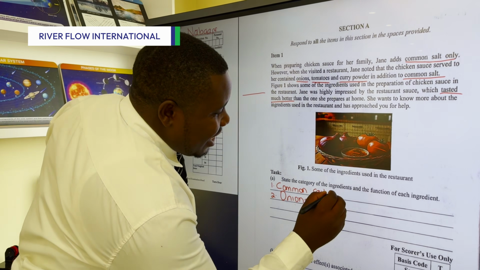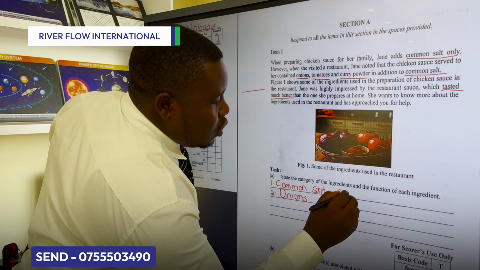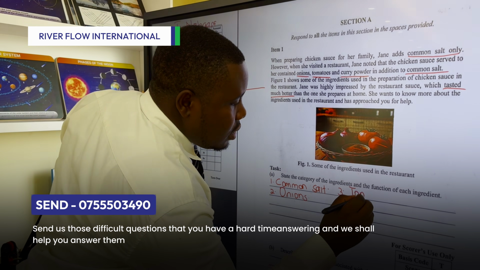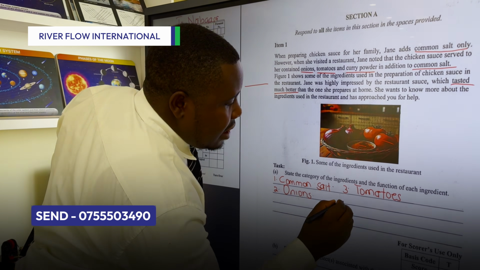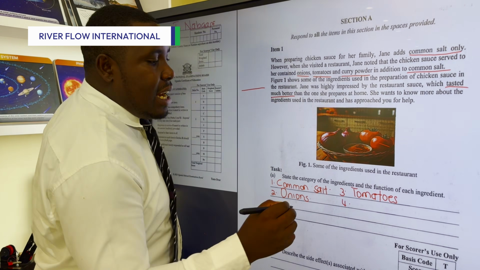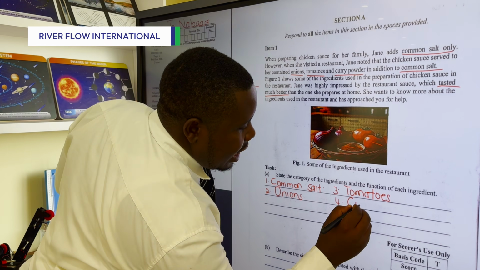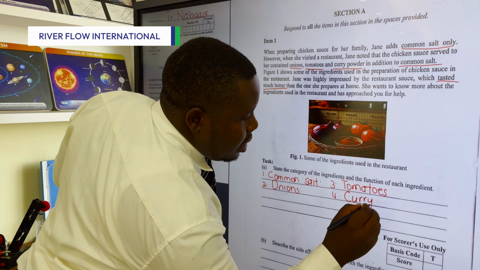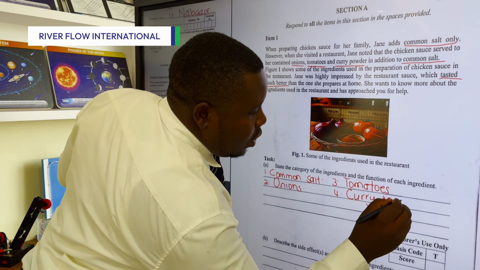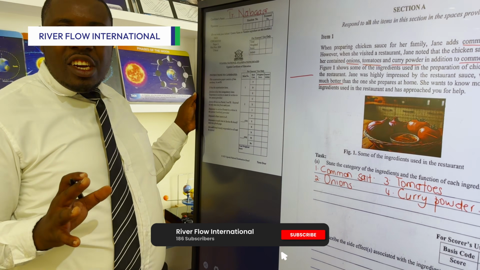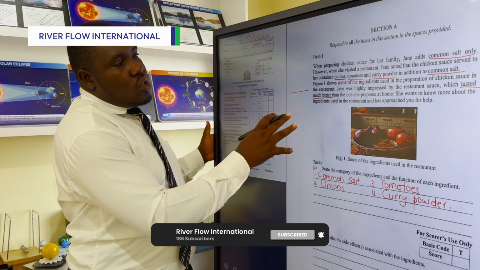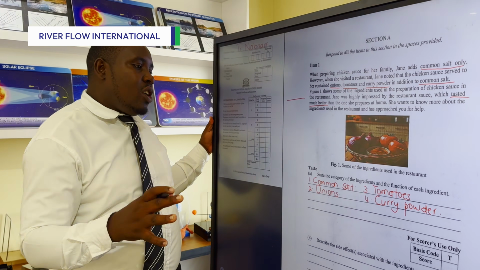Then she also realized that they were also using tomatoes. And then lastly, she realized they had added some curry powder. So now we have identified the different ingredients which were in the chicken sauce that Jane ate from a restaurant.